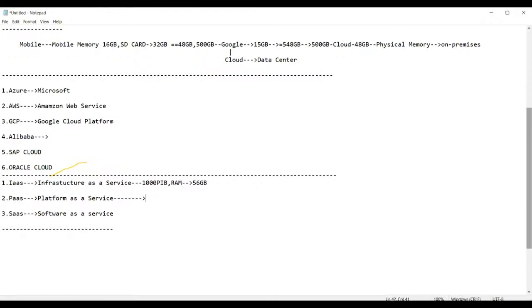So these are the various operating systems used by various mobiles. In the same way, if you have a computer, what is the operating system we use in a PC, guys? Tell me now.